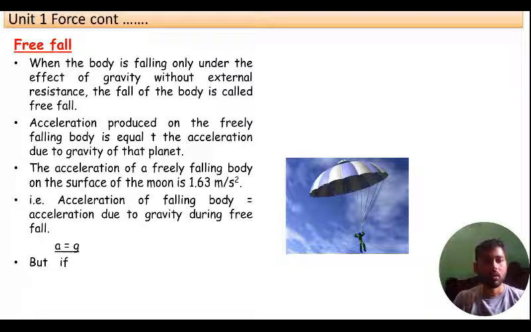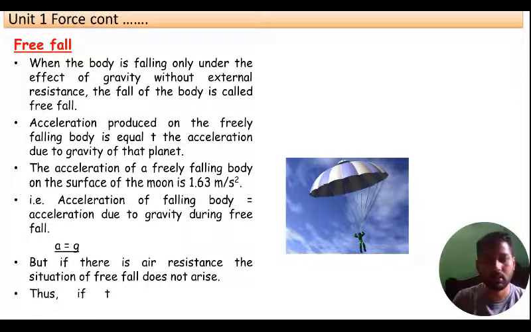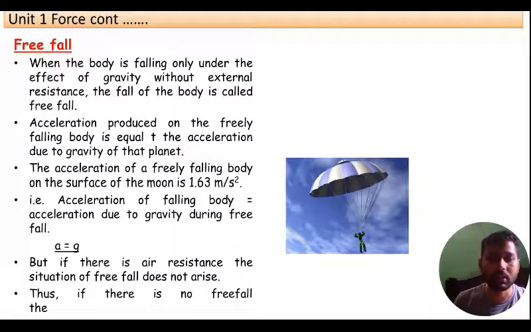But if there is air resistance, the situation of free fall does not exist. In the parachute, free fall does not exist because of air resistance.